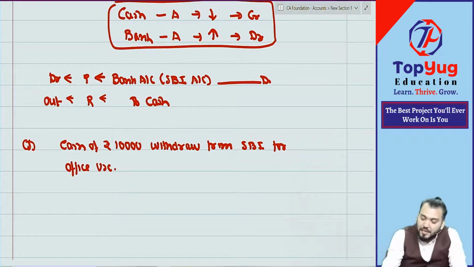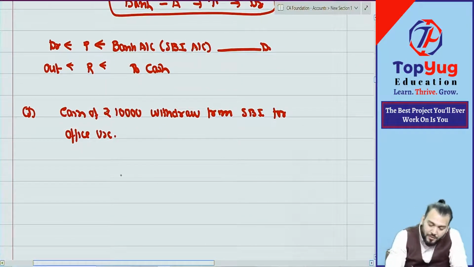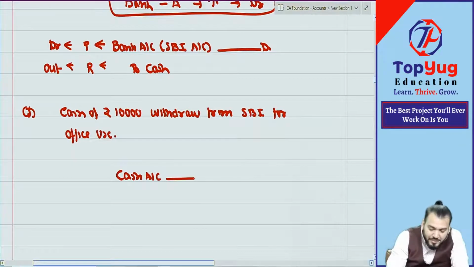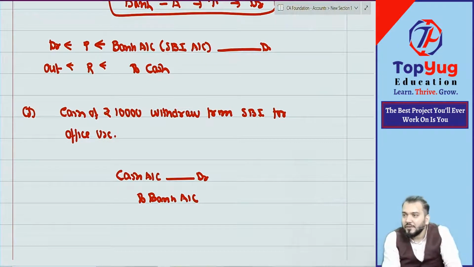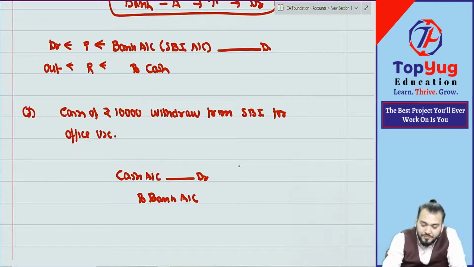Follow. What are the two aspects? Cash account will be debited to what? Bank account. Everyone done this? Correct? As per modern rules, tell me. Cash and bank are assets. Cash is increasing, bank is decreasing.